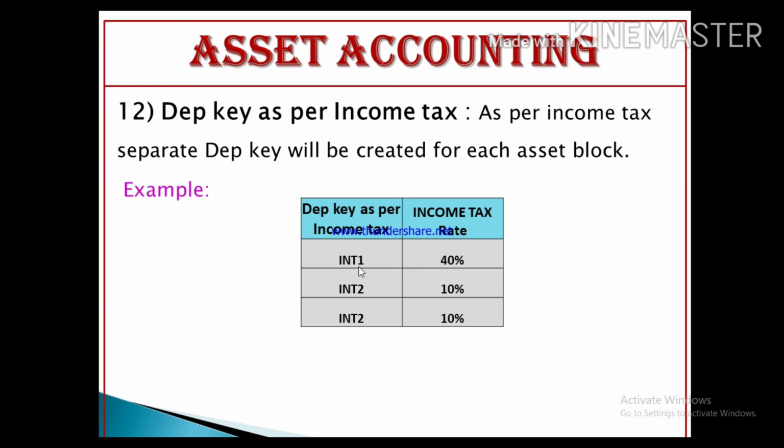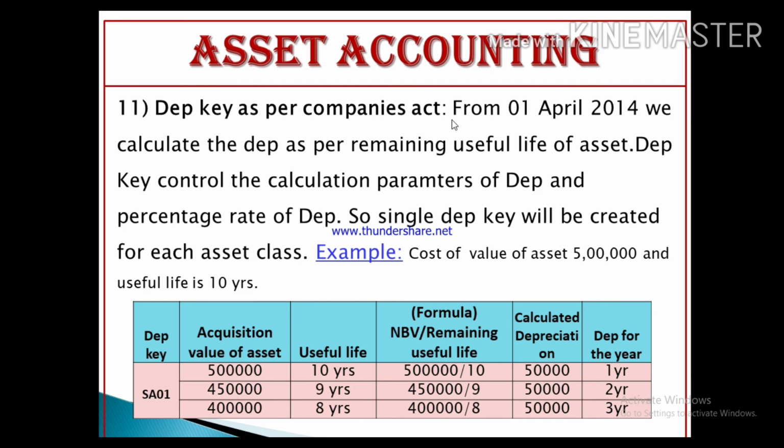We will create INT1 tax depreciation key for 40% rate, INT2 for 10% rate, and similarly if it is 10%, we will use this same key. So like this we will create different depreciation keys as per the income tax. So we have to calculate the depreciation for two areas, for income tax and for the Companies Act.